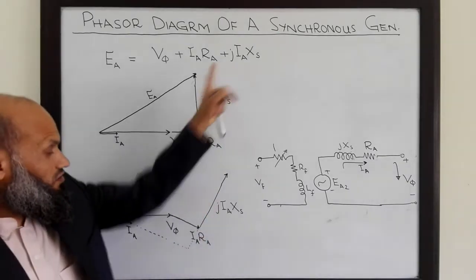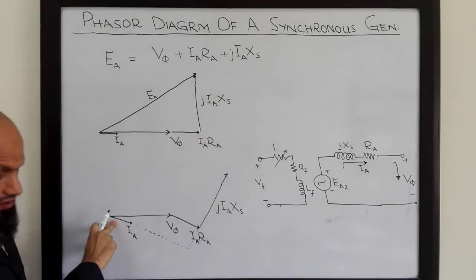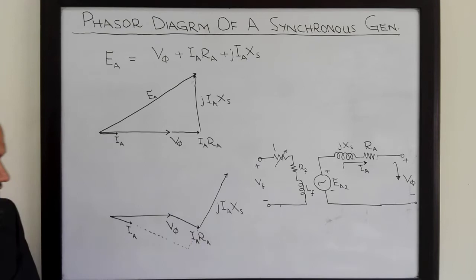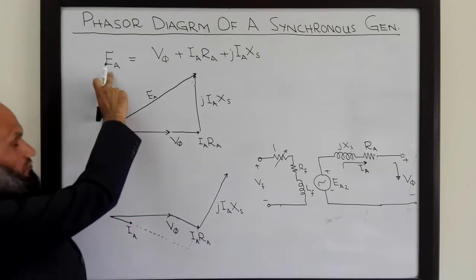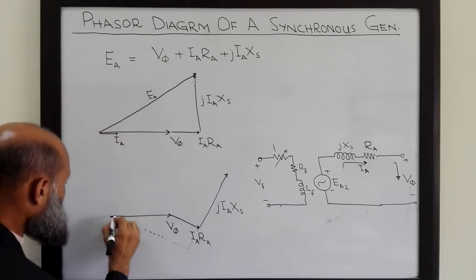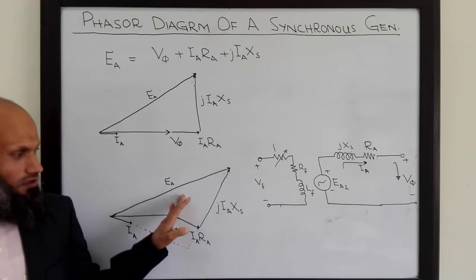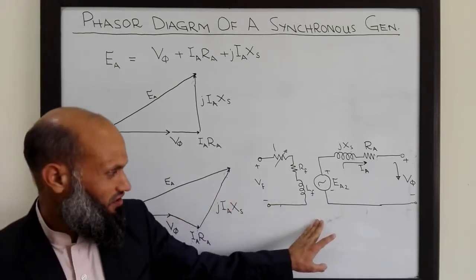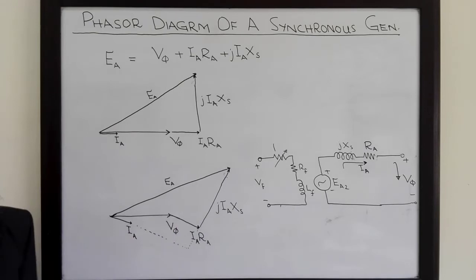Phasor for this one, perpendicular to IA, also perpendicular to IARA. And then your phasor sum is EA. So this is the phasor diagram for the synchronous generator when you have connected an inductive load.